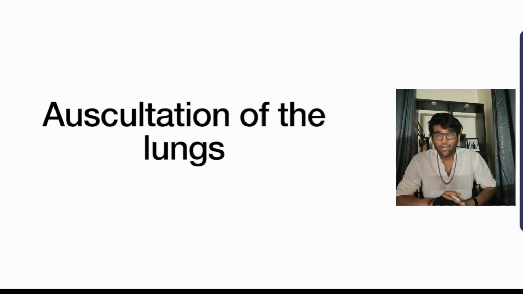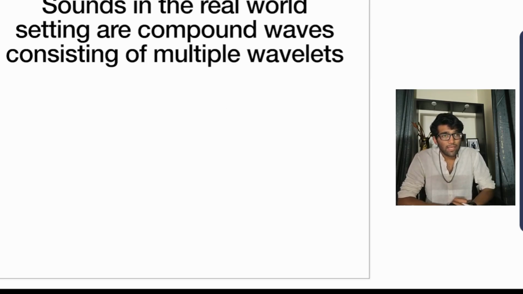Now, what does add to the interpretation of the examination is auscultation of the lungs on both sides. So we'll be discussing the principles behind it and how to interpret it. Now see, sounds in real world settings are actually compound sounds. What does that mean?